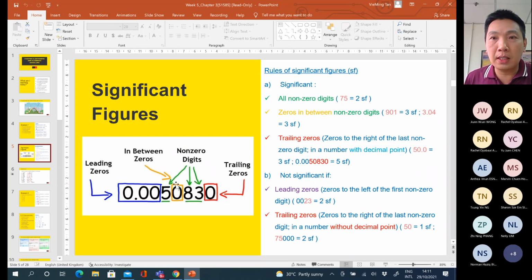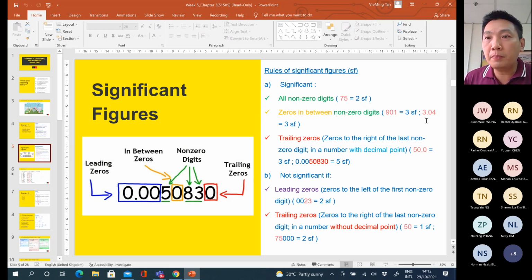Like for instance, let's say the number 901. Because the 0 is in between 2 non-zero numbers, we can conclude this number has 3 significant figures. That means this number has 3 meaningful digits.